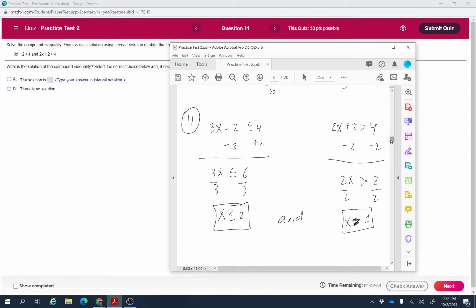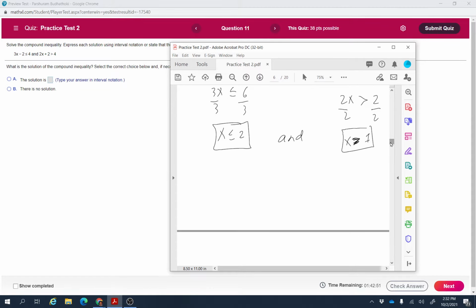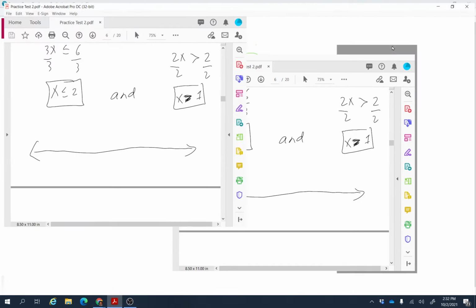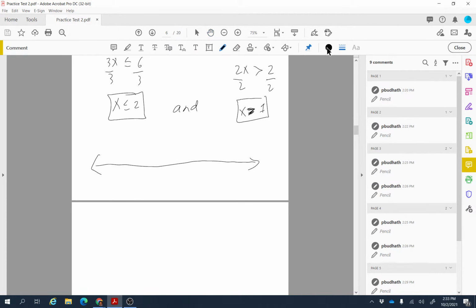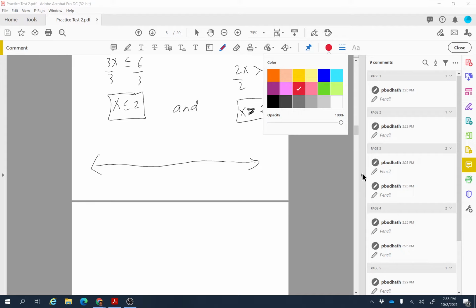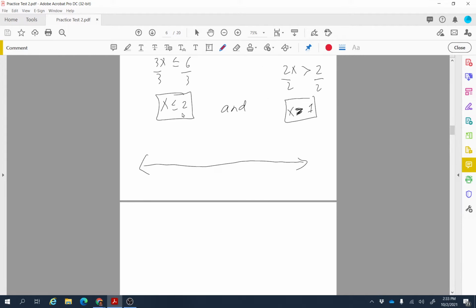To see the intersection, we can plot the graph for x is less than or equal to 2 and x is greater than 1. I'm going to use two different colors to show the difference. Let me use a red color for the first one, x is less than or equal to 2.